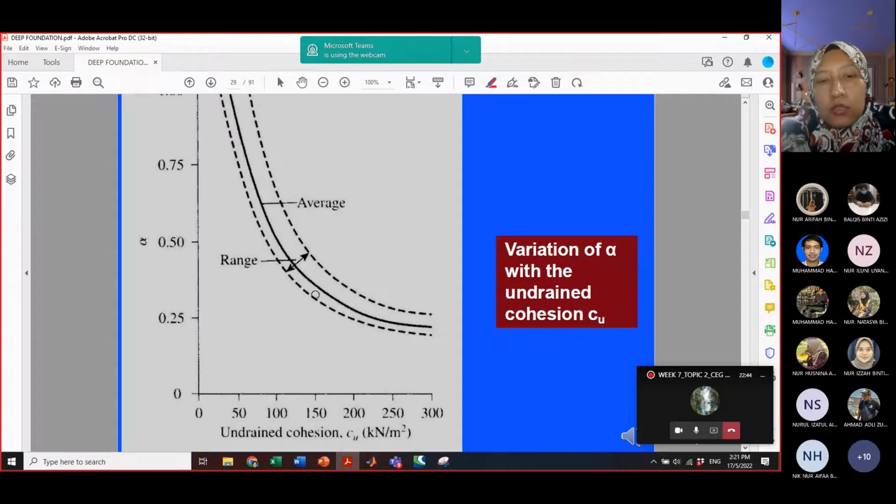So we're going to take the alpha at the average coefficient Cu. For example here, if you have an undrained coefficient of 150, we take the average value and then we draw it across to get the alpha value. So this is the estimated alpha.